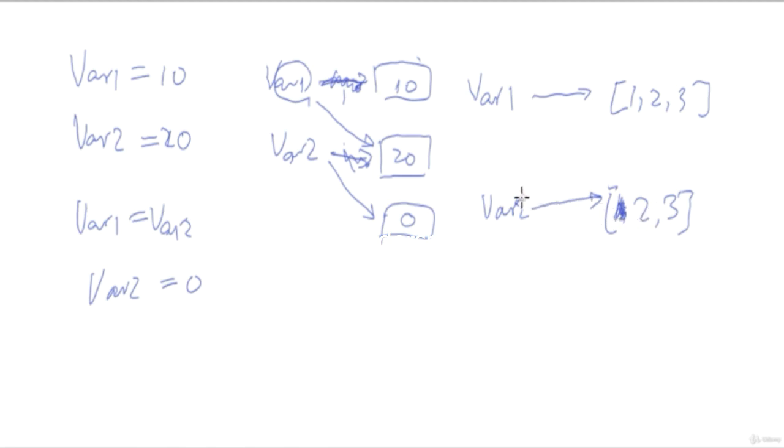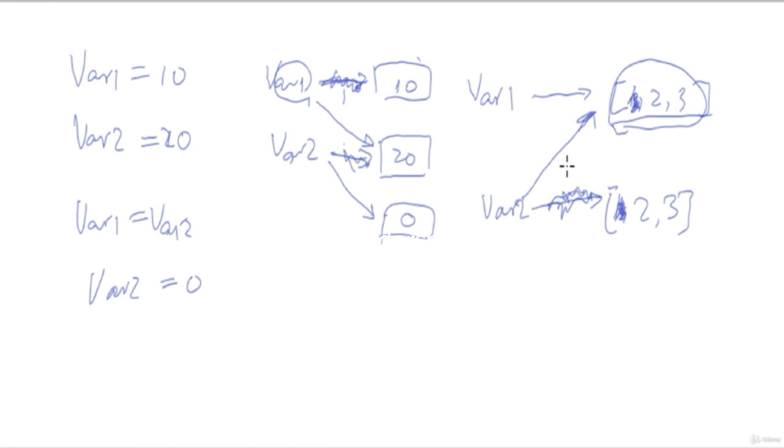When we let var2 equal to var1, essentially we let var2 point to var1's copy of the list. So this is disconnected. So far the story is the same as the previous one. Next, when we call var2.pop(0), because var2 references this list, we remove the first item out of it.